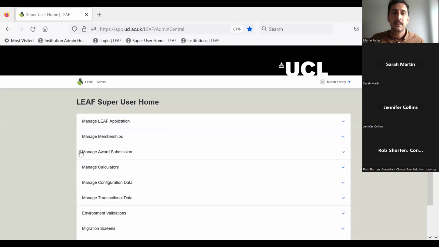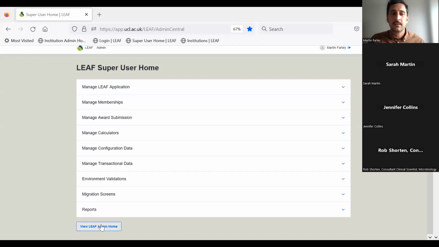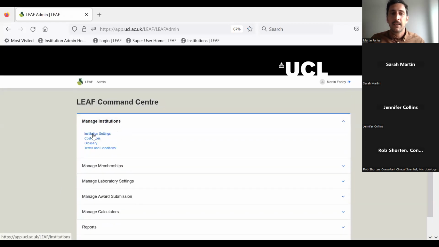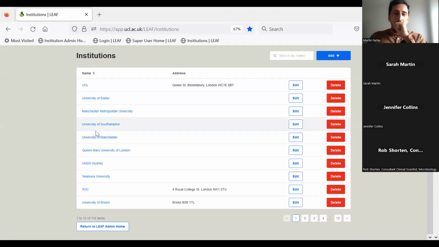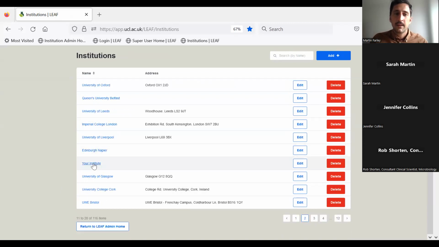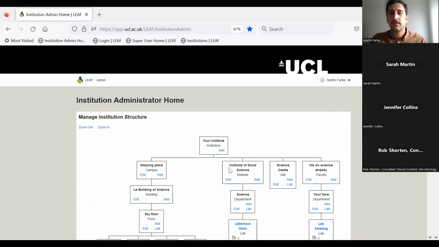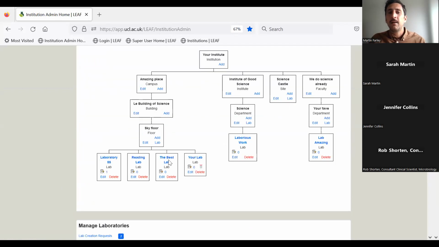So the thing that I've been working on for research labs, and I won't talk about research labs much longer, I promise I'm going to go back to clinical, but I just wanted to show you what the tool looks like in reference because we piloted this in your environments. So this is the LEAF tool in its current format, and essentially we can manage different institutions. And then we can look at within this, so this is a fake institution, but each lab that would sign up.